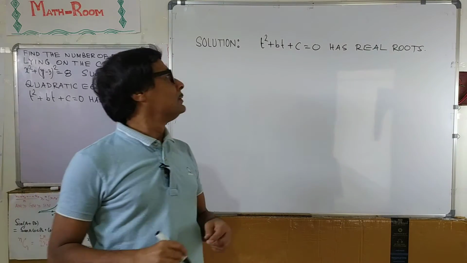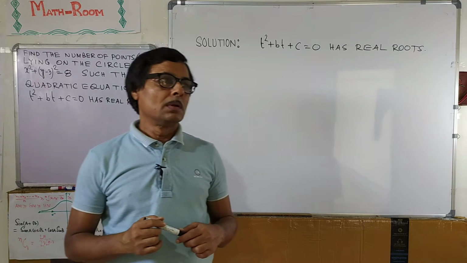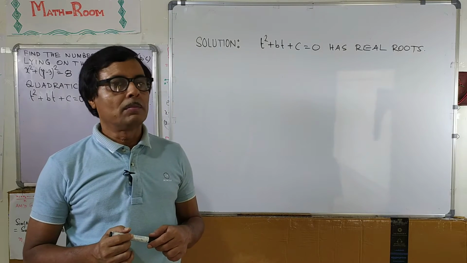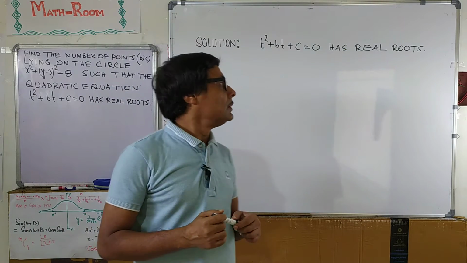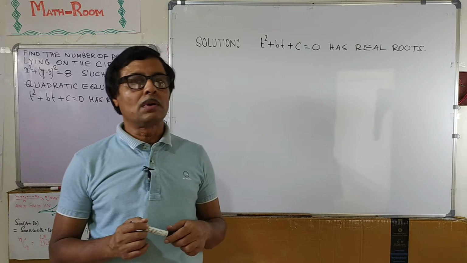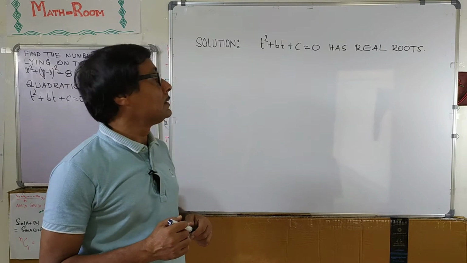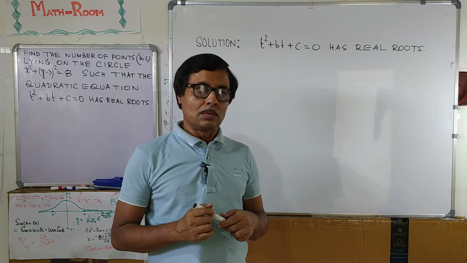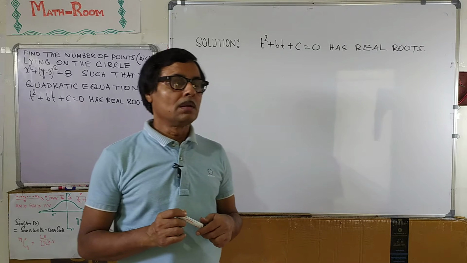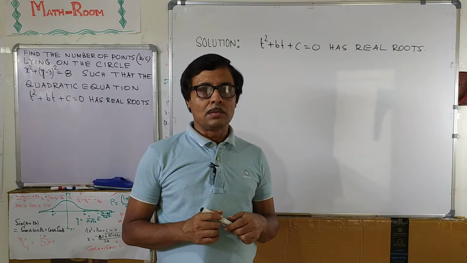We already know that the condition for a quadratic equation to have real roots is that its discriminant must be greater than or equal to 0. If the discriminant, that is b squared minus 4ac, is greater than or equal to 0, then the quadratic equation has real roots. So this is the condition for real roots of a quadratic equation.